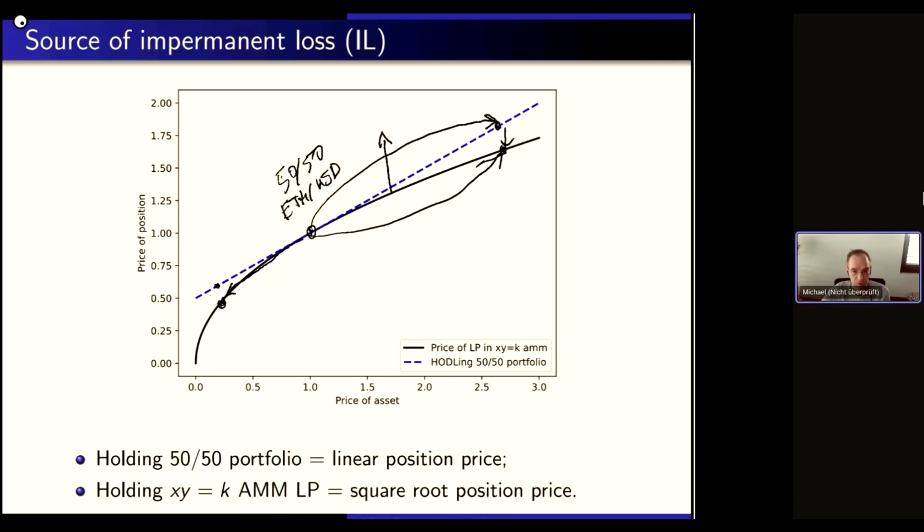For example, over several years, you may get APR in, let's say, ETH USD pools like several percent, or in WBTC to USD pool, and maybe Bitcoin went up by factor of 5, but you earned maybe only a few percent and lost quite a bit more over here.